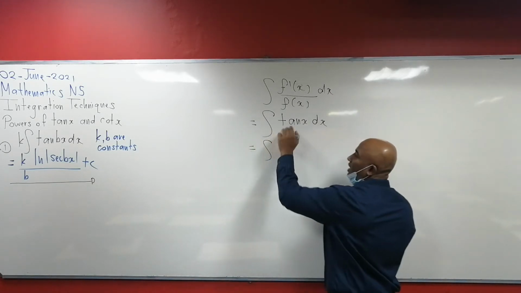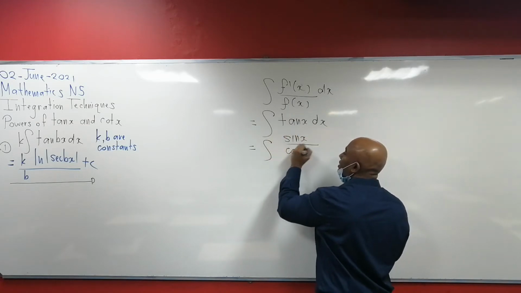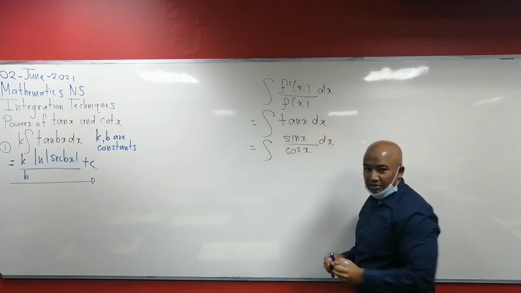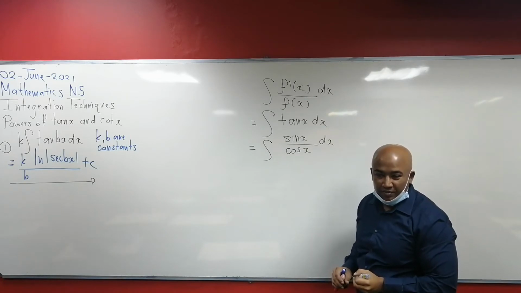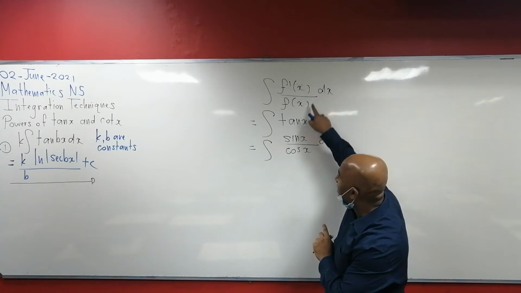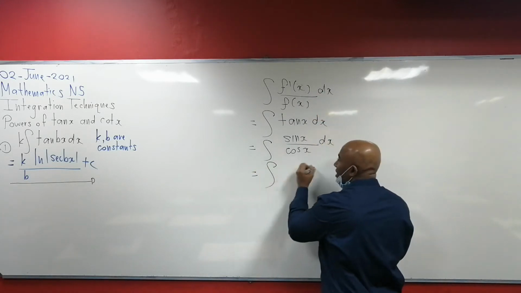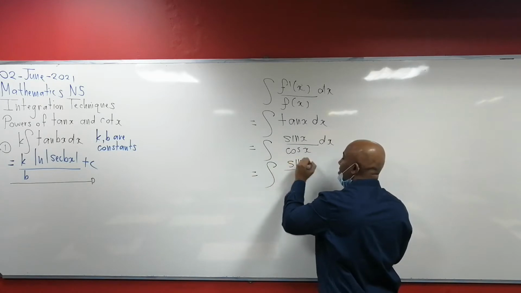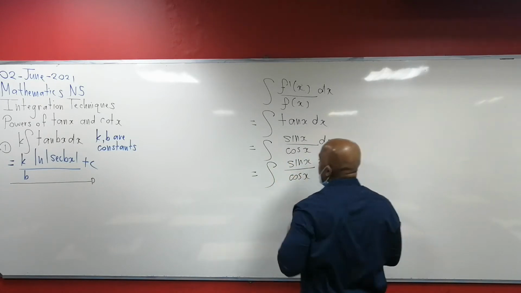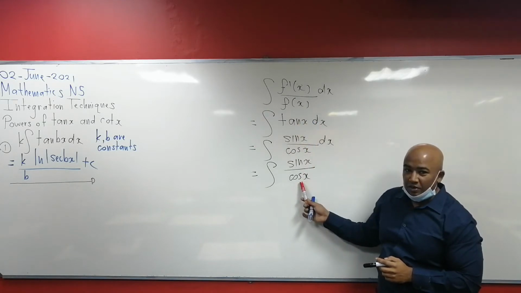We know that tan can be written as sine x over cos x. So tan is sine over cos, and this satisfies the condition f prime x over f of x. Let me just redo this. I've got sine x over cos x. Now let's compare. My f of x here is cos.